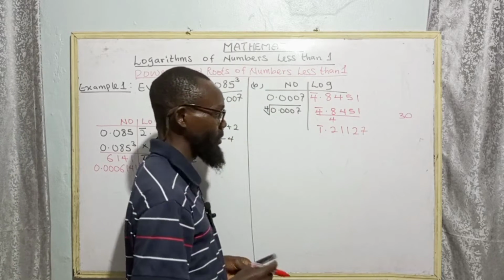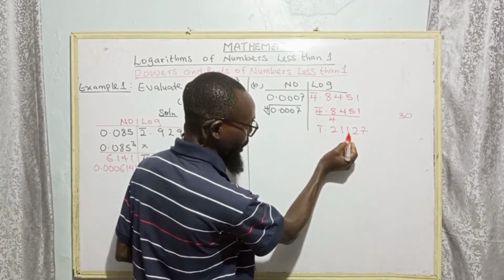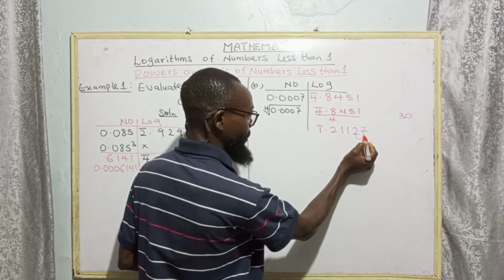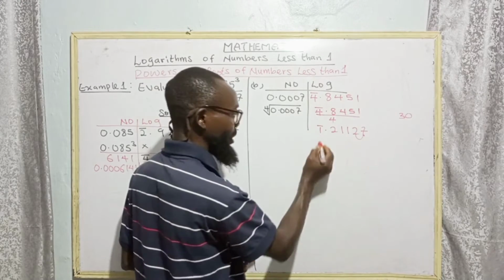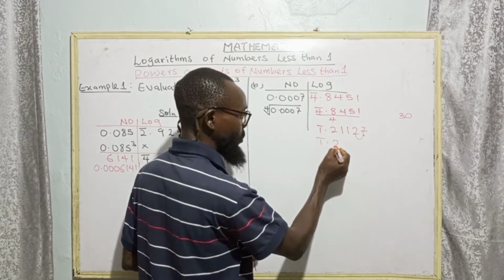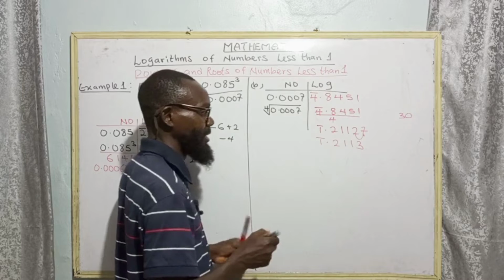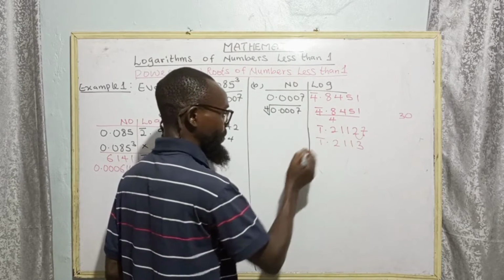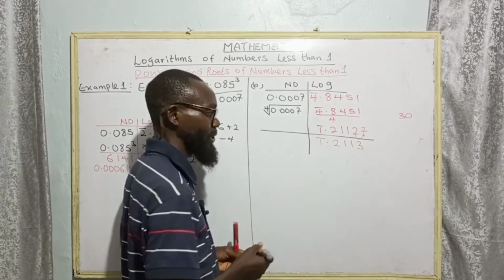Now, when we have 7, then we need 4 digits after these decimal points. 1, 2, 3, 4. Look at your right, we have 7 here. This 7 becomes 1. Add the 1 to these 2, making 3. So we have bar 1, 0.2113. Then to check our final answer, we are going to check our anti-logarithm. We check 21 under 1 difference 3.